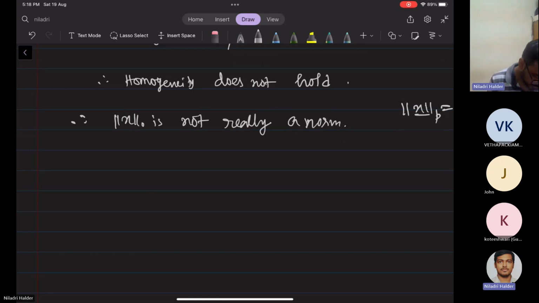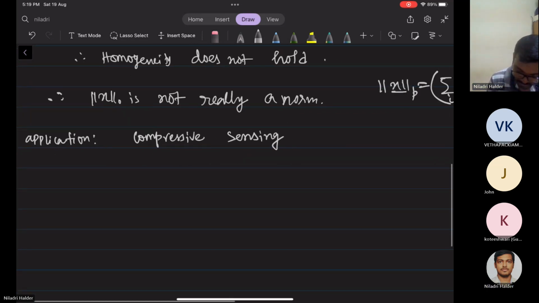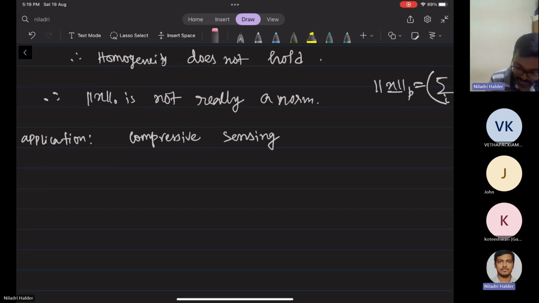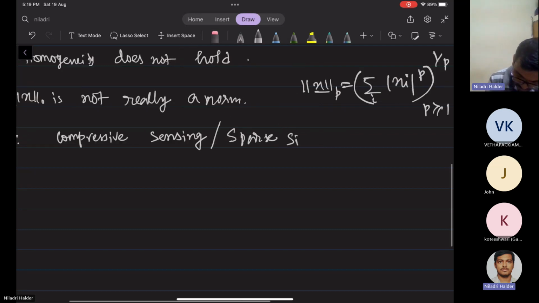The second topic: one more application of this L0 norm is in compressive sensing. The topic is sparse signal recovery.